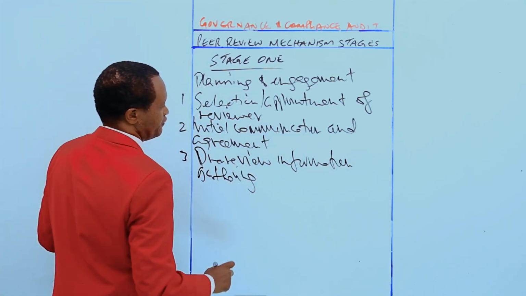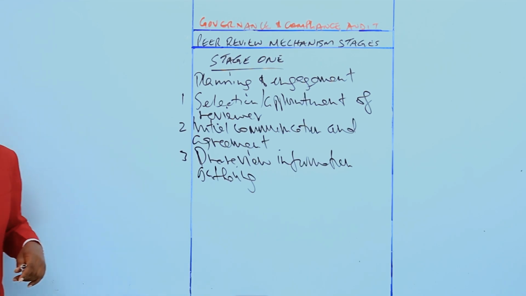Before the fieldwork, the reviewed entity typically completes a comprehensive questionnaire provided by the reviewer or by the administering entity. And this questionnaire covers information about the firm's functions or structure and also personnel, its quality control policies and procedures.